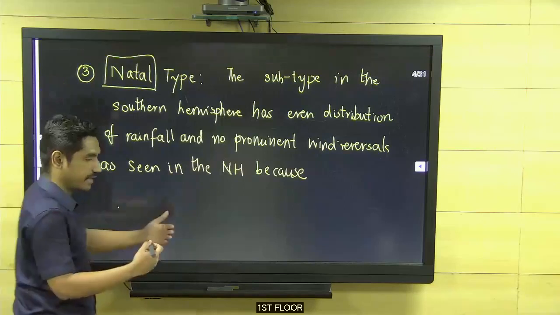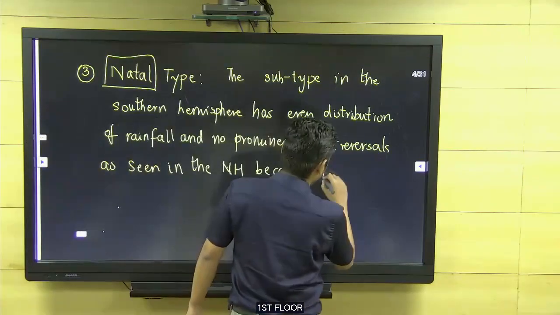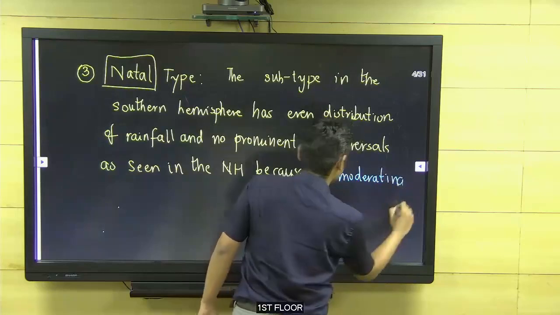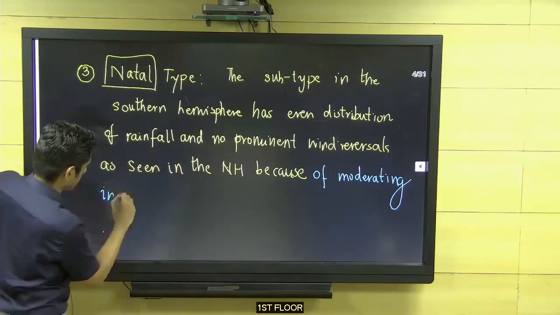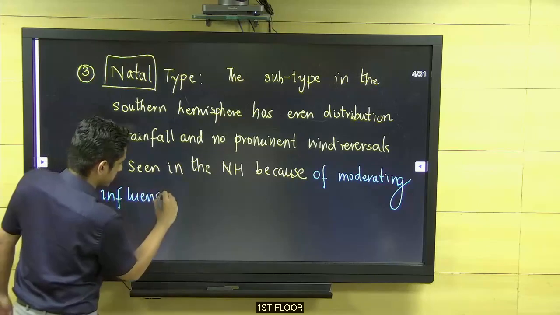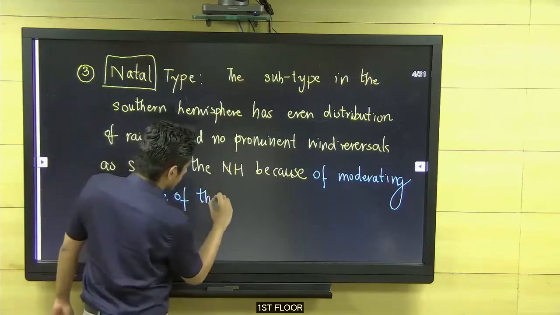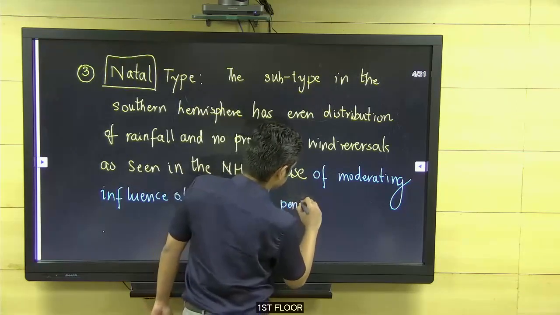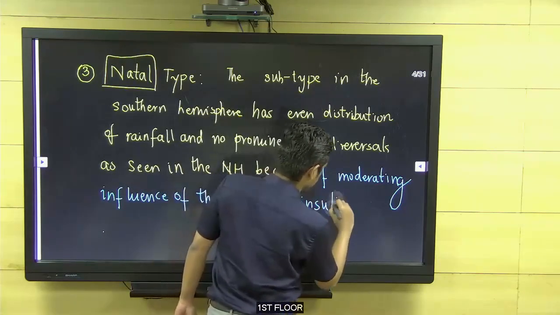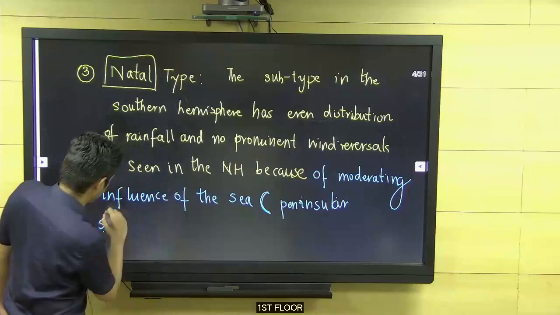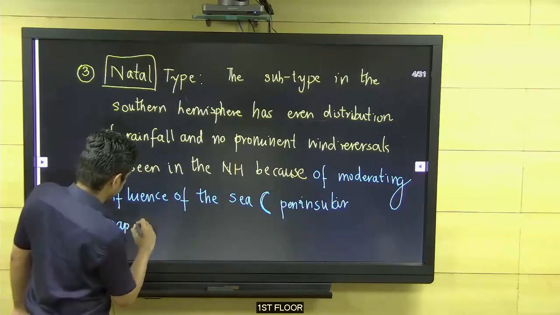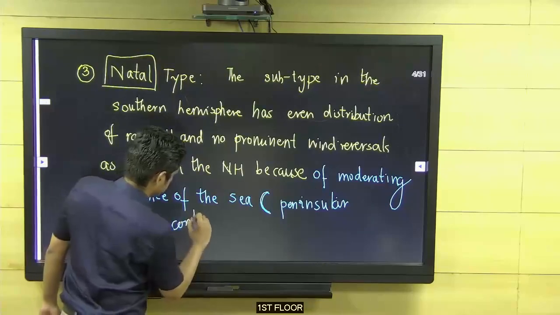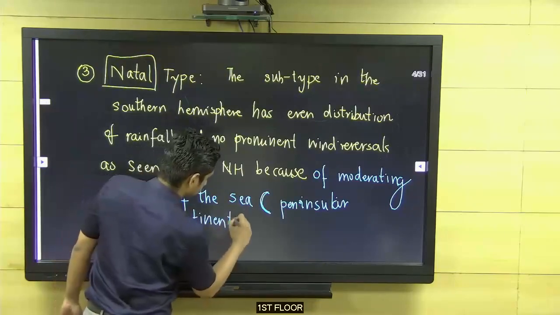That's why I'm not really explaining it in detail: because of the moderating influence of the sea. That's it. Influence of the sea. Within bracket you write peninsular shape of the continents. Peninsular shape of continents. Full stop.